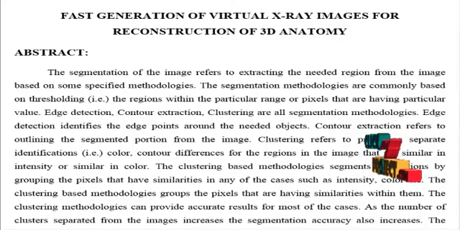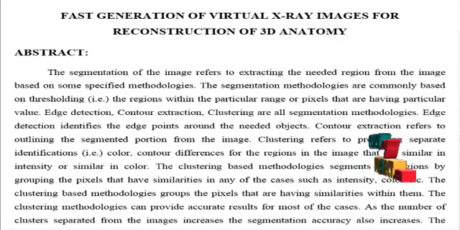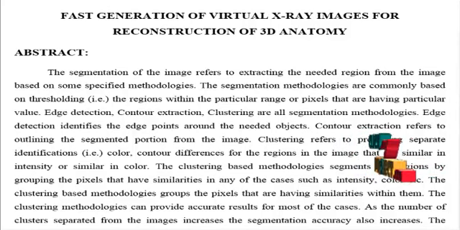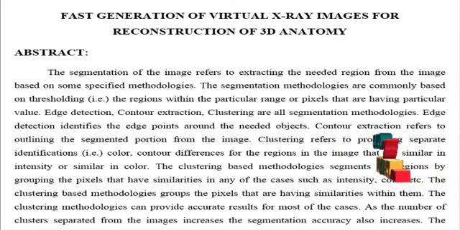Edge detection, contour extraction, and clustering are all common segmentation methodologies. Edge detection identifies the edge points around the needed objects. Contour extraction refers to outlining the segmented portion from the image.